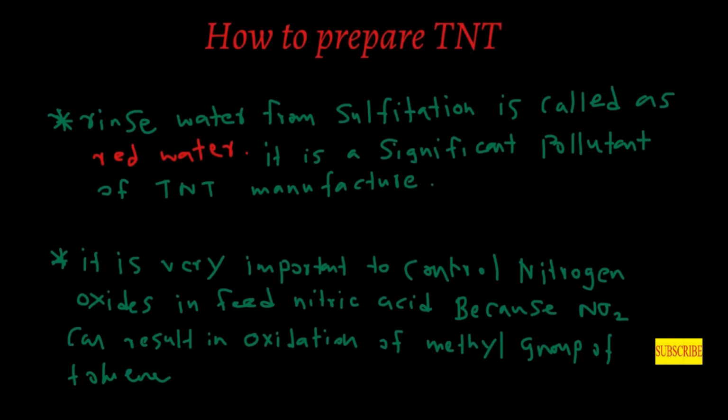The second fact is also very important: we need to control the nitrogen oxide in the feed nitric acid, because NO2 can change the oxidation state of the methyl group of toluene. So we need to be aware of these two facts when we manufacture TNT industrially.